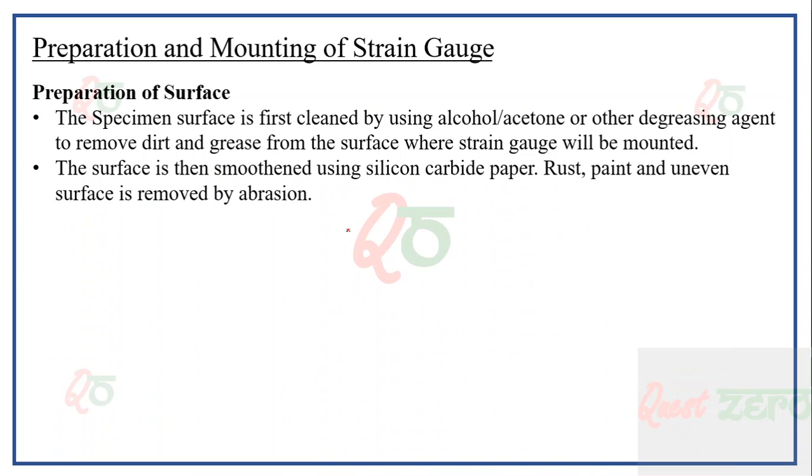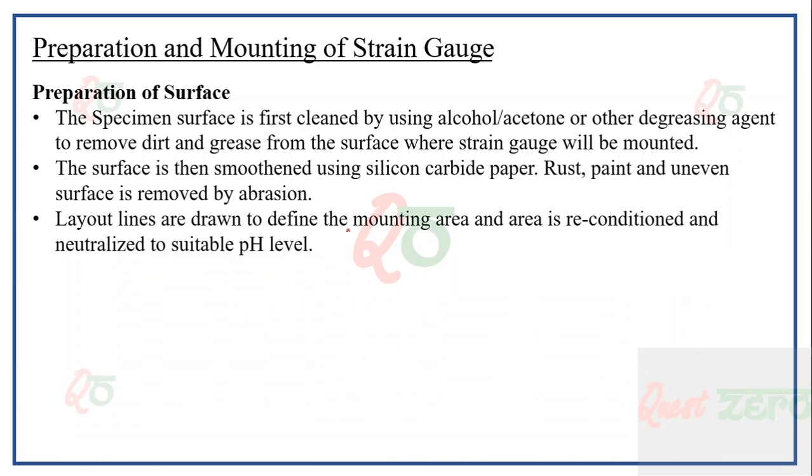Once it is degreased as well as cleaned, it should be smoothened using silicon carbide paper. Why do we have to do this? Suppose there is rust or any uneven surface, or some foreign agent like paint has been spilled on it, it should be removed by abrasion. Next you will mark the area where the strain gauge will be mounted.